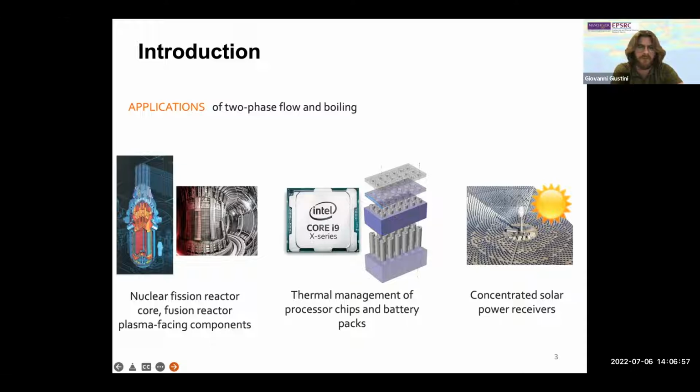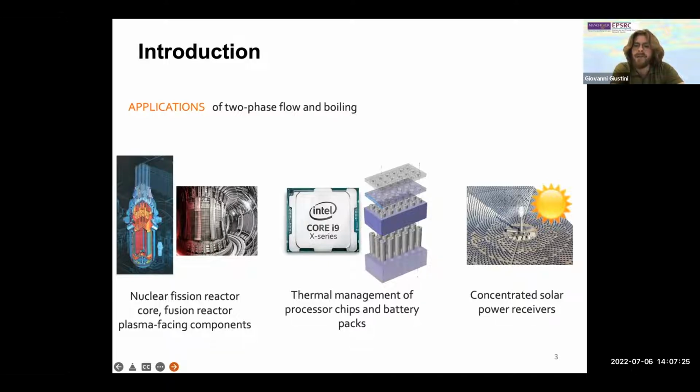For example, processor chips. These are extremely high heat flux components. And there is also a similar issue that needs to be overcome in battery technology. So people nowadays are beginning to experiment with boiling to cool battery packs. Finally, a somewhat exotic application, in my view, something that isn't very relevant to the United Kingdom, and that is solar power, for obvious reasons, not so relevant to the UK.